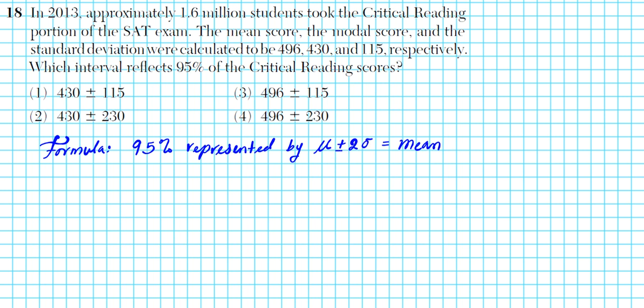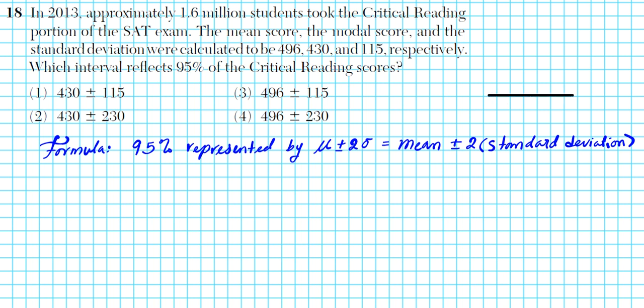So you're going to go 2 standard deviations to the right and 2 standard deviations to the left. So the mean plus or minus twice the standard deviation. Now that will capture 95% of the population.